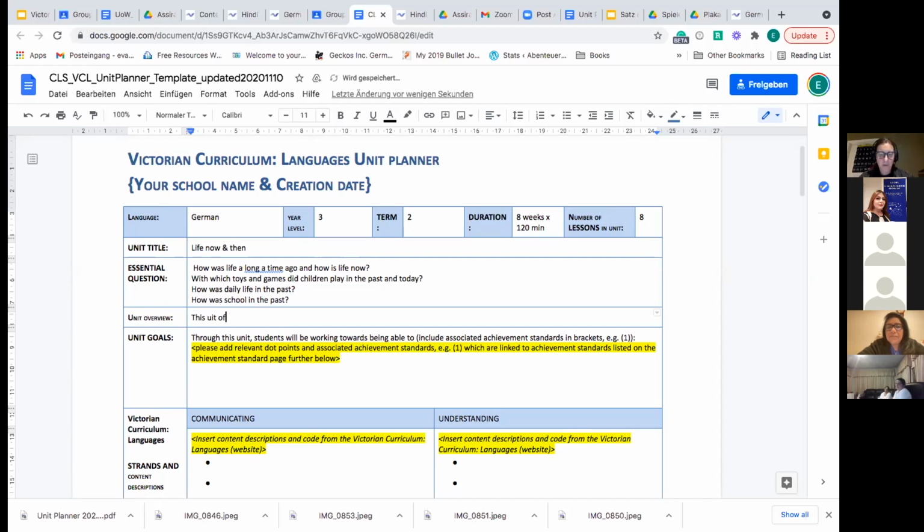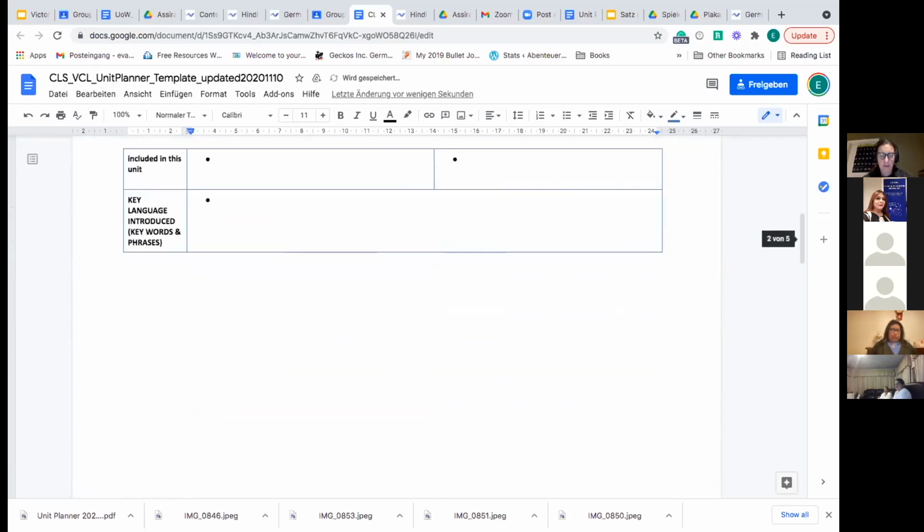So this unit of work will introduce students to regular and irregular verbs, past and present tense, through the topic of life now.